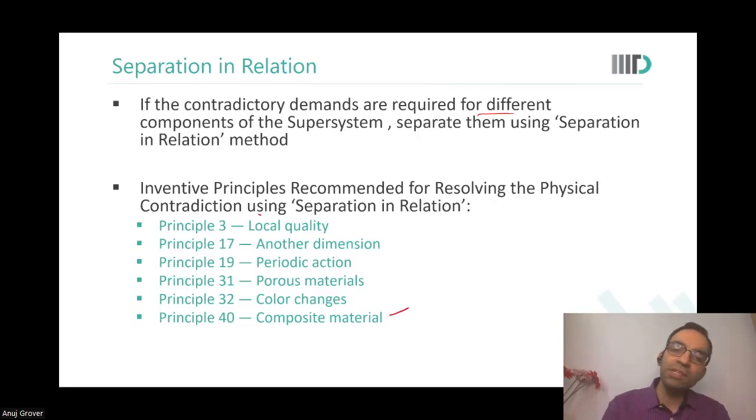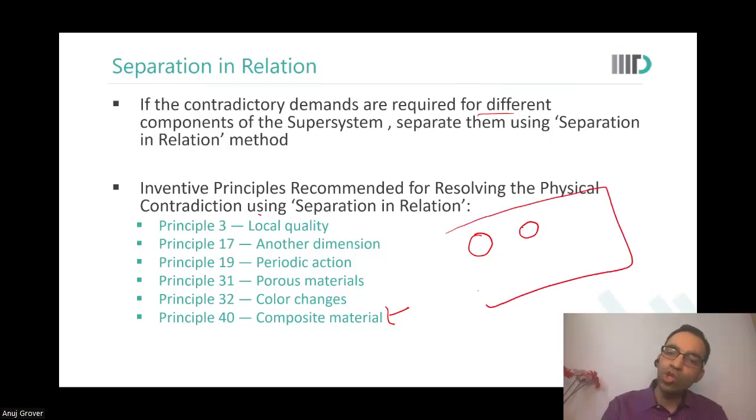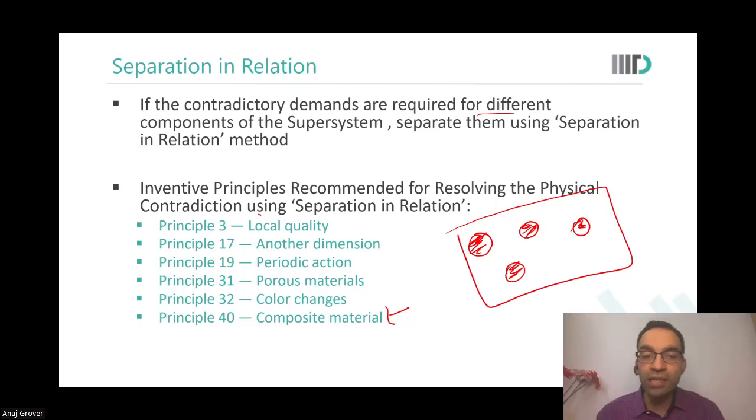For example, composite material: the material facing the inside gives one chemical or physical property, and the material on the outside gives the other property. Porous materials can be used such that in the pores you could fill something else. For example, this is the base chemical, but in these pores you are filling something else, so that the property of the other chemical is also available, which can be a solution to the second requirement, and so on.